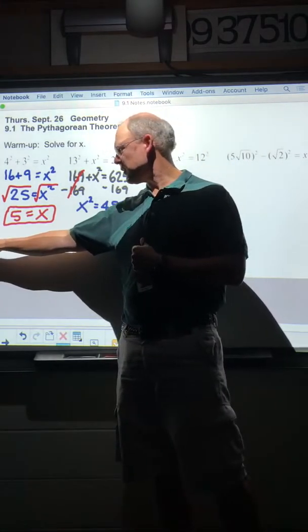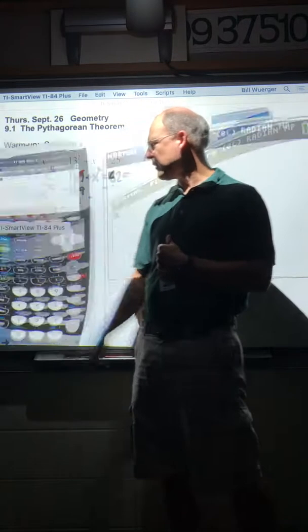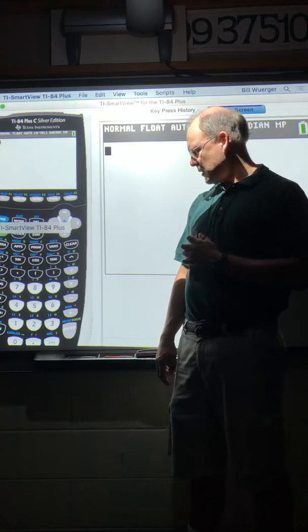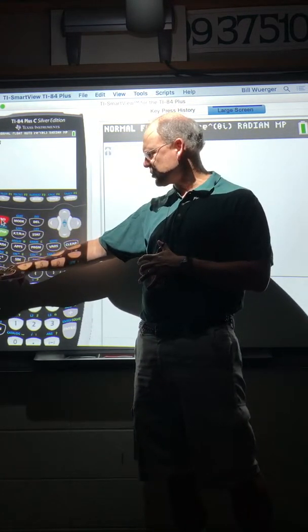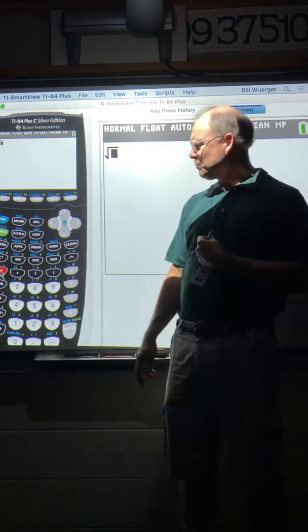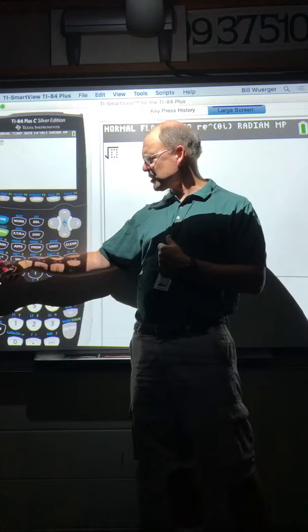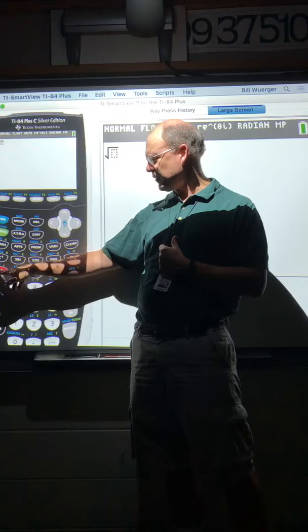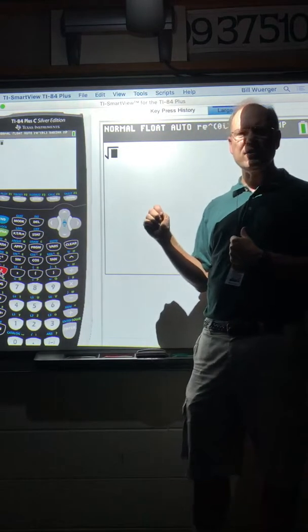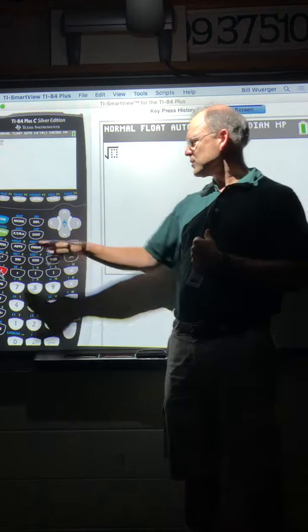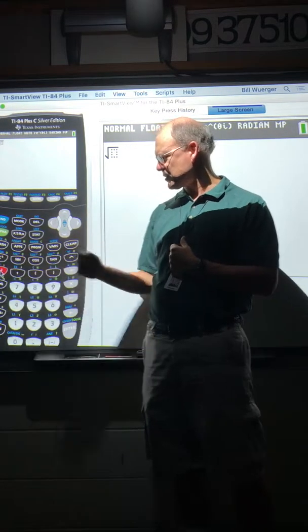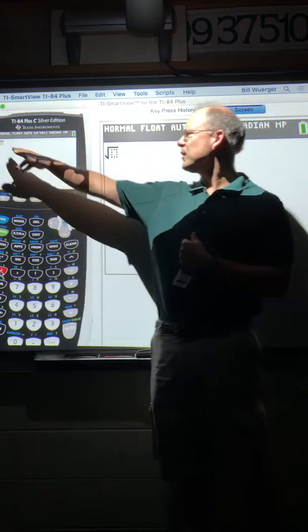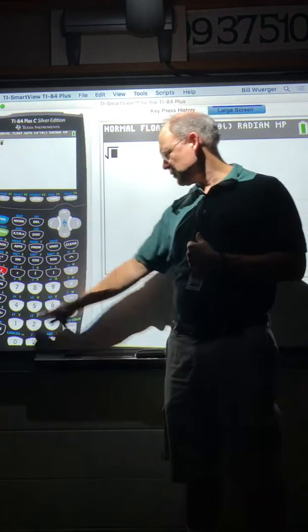Okay, and then we get out our calculator for that one. So on my calculator, I do the square root button first. And a lot of times the square root button is right above the x squared button on your calculator. So we hit a shift or a second button first, and then what is above that is what's happening. So there's my square root sign.